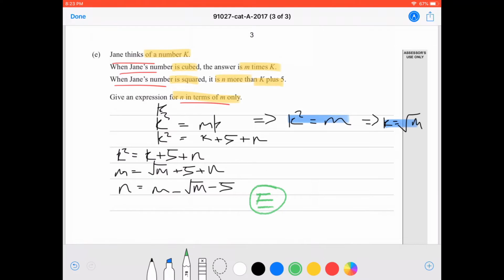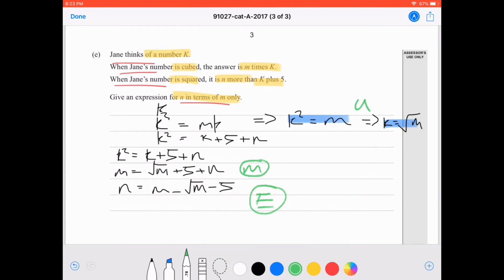Let's just say this is your merit here. Achieved: they mentioned k squared equals m. So somewhere up here, you'd pick up an achieved.